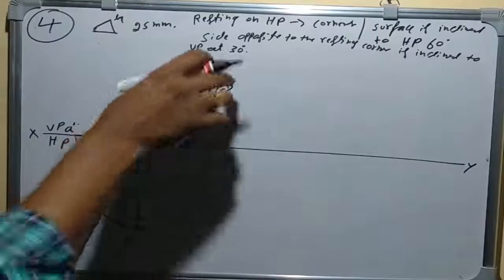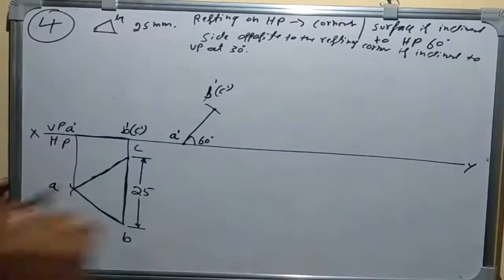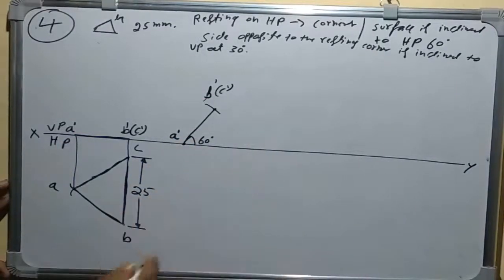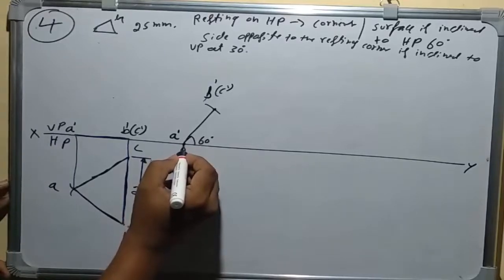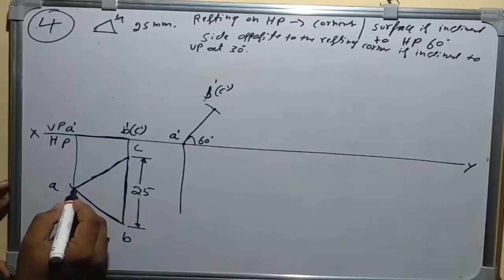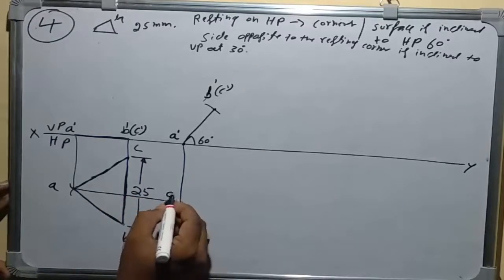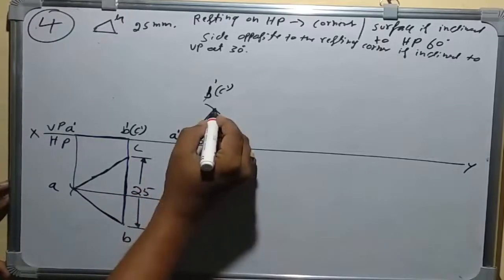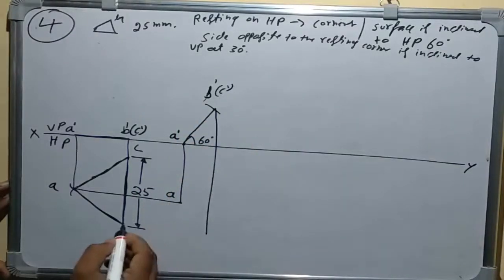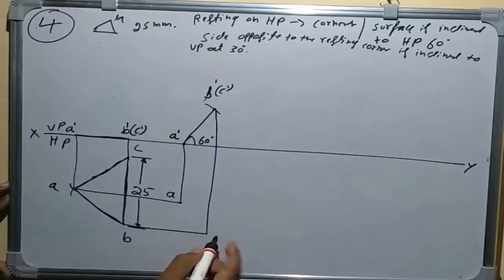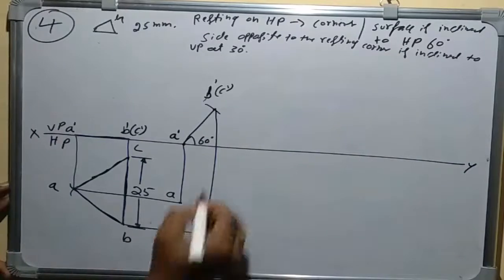And then by drawing the projection lines, and from here the horizontal projection line, we will get the top view. First you start with A dash, and here where we are getting A is here, so A and A dash, we will get this point as A. Next here B dash and C dash is one line, and here we are getting B, so we get B here, B and B dash.